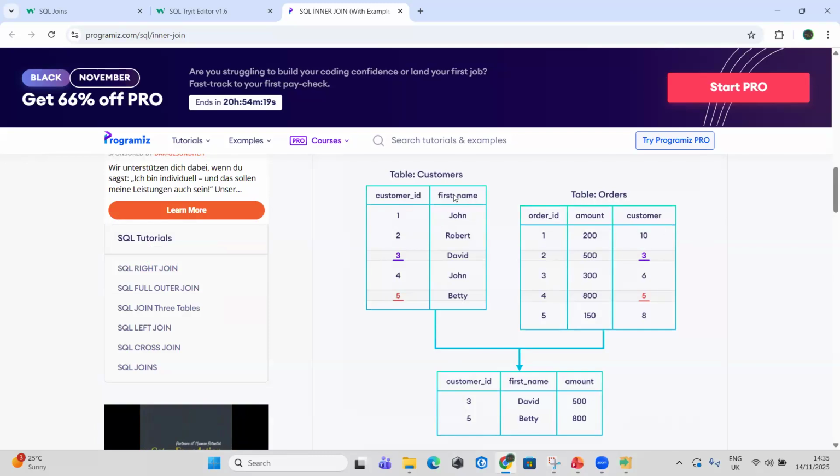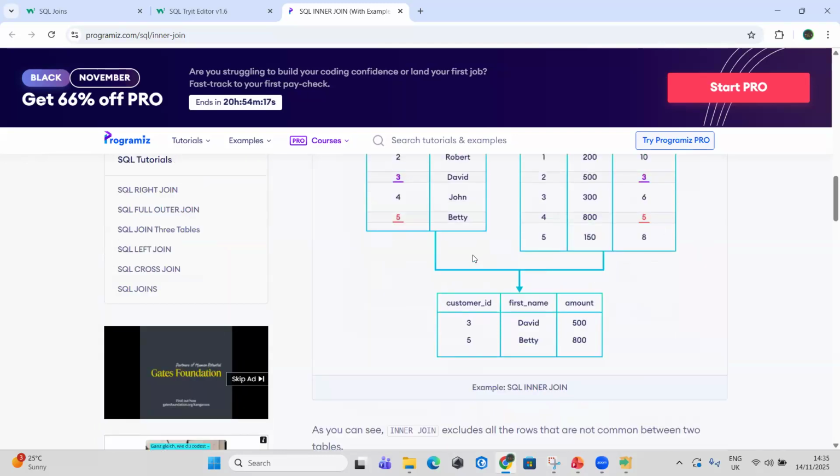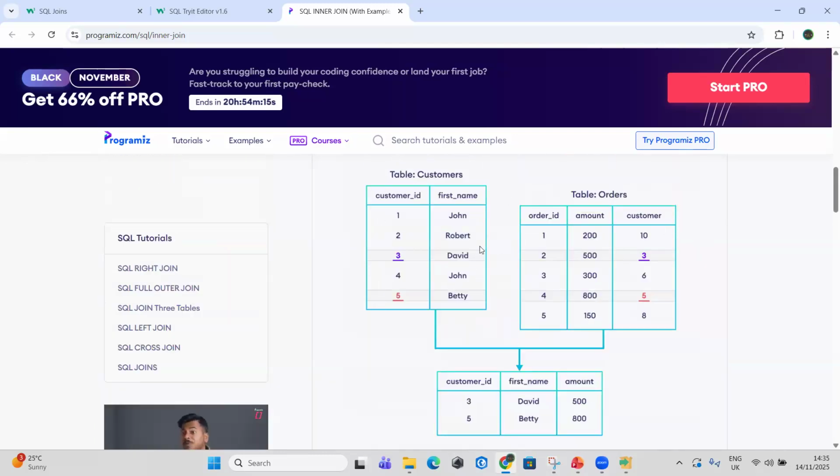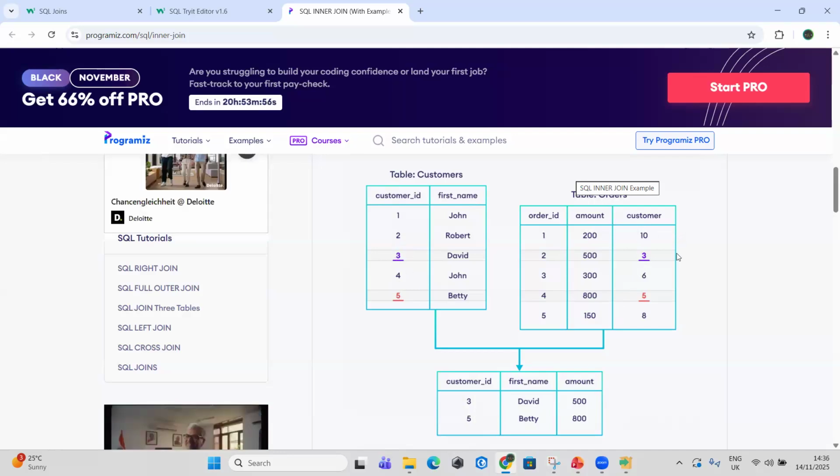Yes. So basically, now you have two different tables and you need to combine them. What you will do is look for the common column. These two are not common here. So we take only the common column, and then we take the values that are available in both. So 3 is available here, 3 is available here.